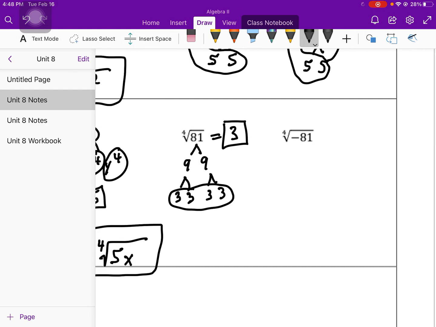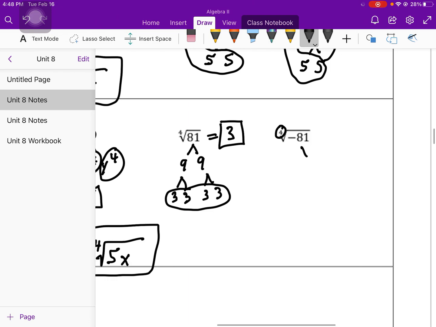Now this is where it gets tricky because we're back to an even number, all right? If I break this up into -9 and 9, and then I break this up into -3, 3, 3, and 3, it's not going to work this time because we have all these 3's.